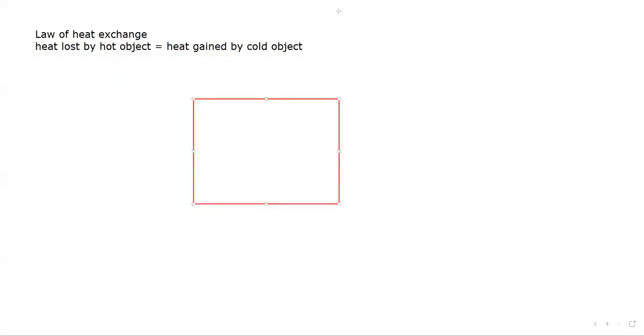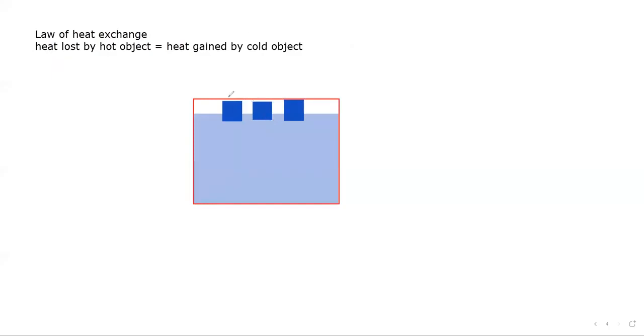Example, we have a container which is filled with water and we add ice cubes to this water. Ice cubes, because they have low density compared to water, will float.